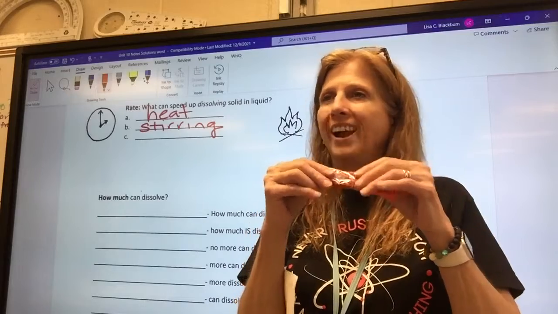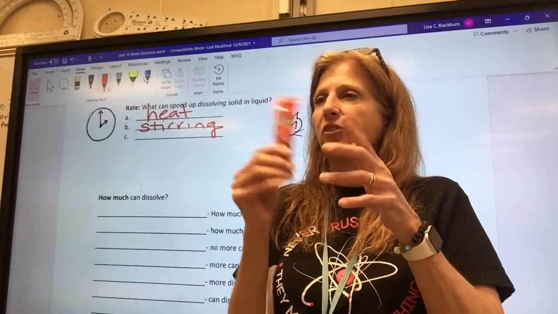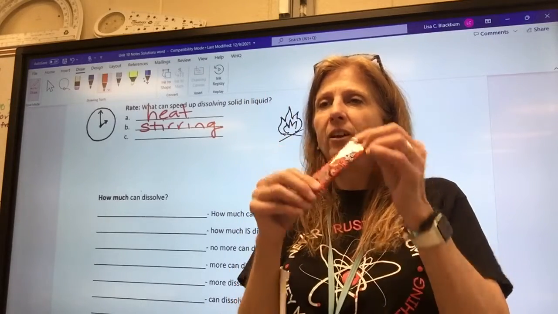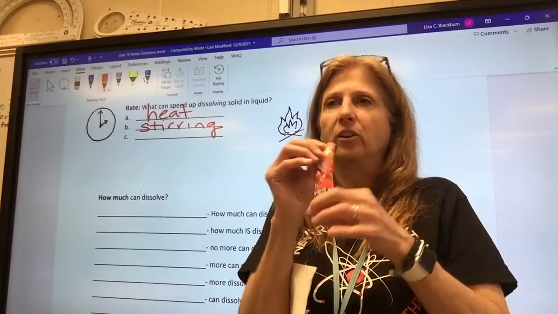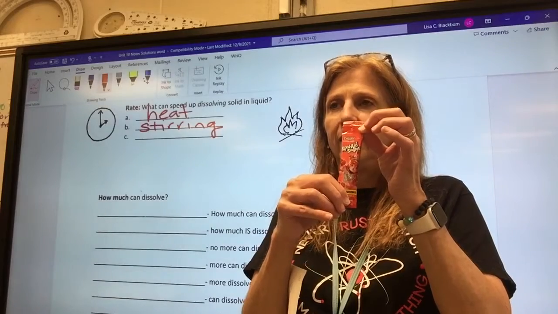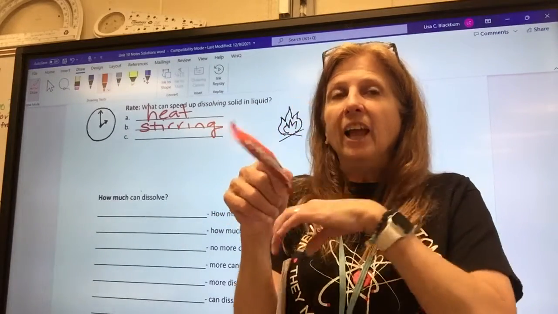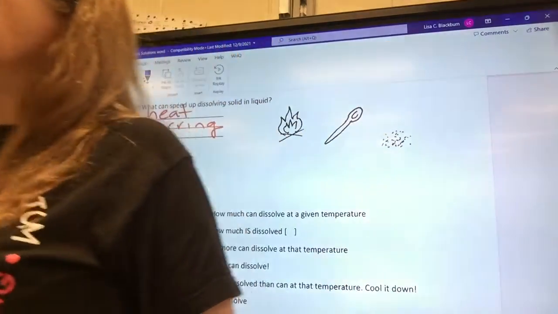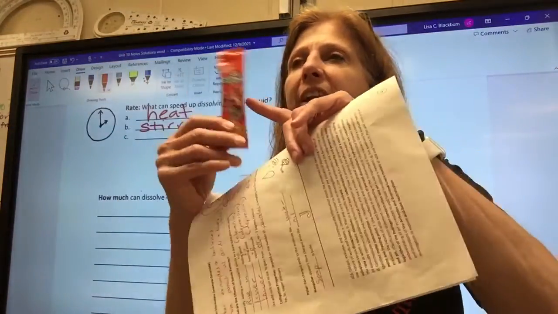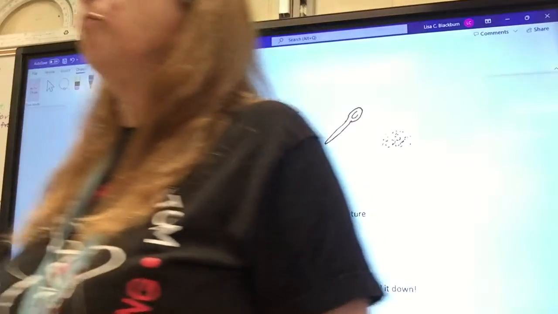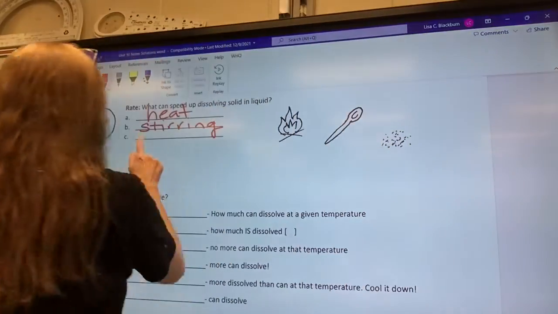No. Good guess, but no. There's something else about this. Anybody have this? What's different about it? Why can it dissolve? Why does it look different than regular Kool-Aid? It's more powdery. It's particle size. If you can get the particles small enough and they've ground the sugar really, really fine, it'll dissolve better. So the third one is particle size.